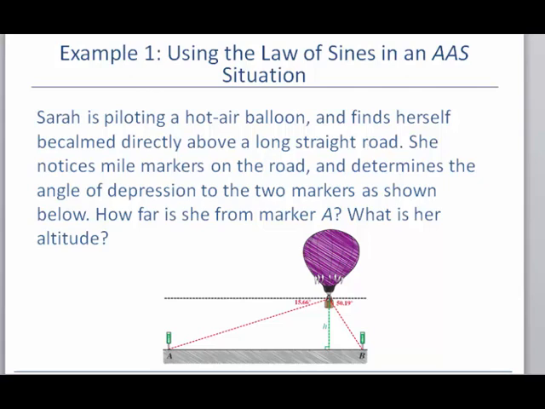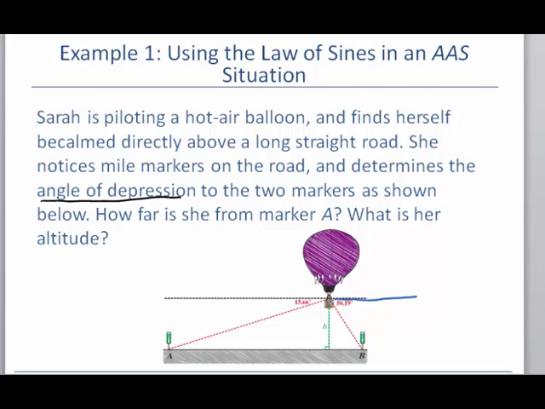Okay, so we want to be sure, first of all, that we understand what is being discussed when they discuss an angle of depression. So an angle of depression is the difference between looking straight ahead at something and looking down at something. Okay, so for example, if she is sitting in the basket of the hot air balloon and she looks straight out, then her line of sight goes this way.